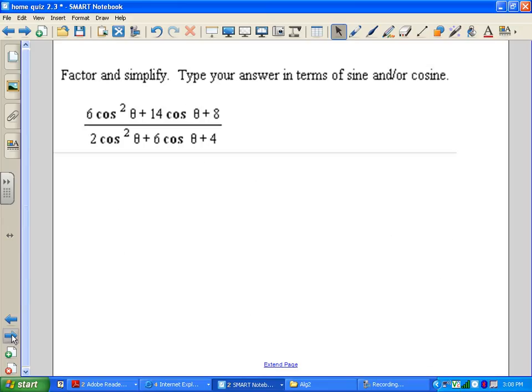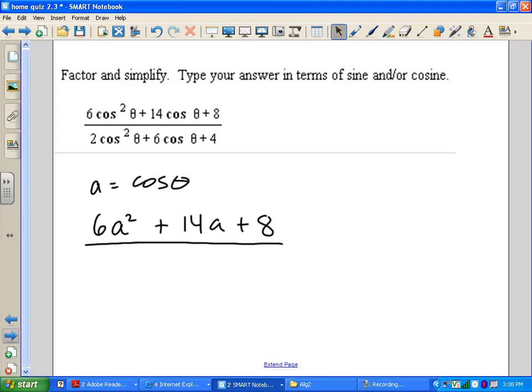Okay, all right, a little fun one here that we have to factor. So let's substitute here. I'm going to let a equal the cosine of theta. And so this would give me now 6a squared plus 14a plus 8 over 2a squared plus 6a plus 4.